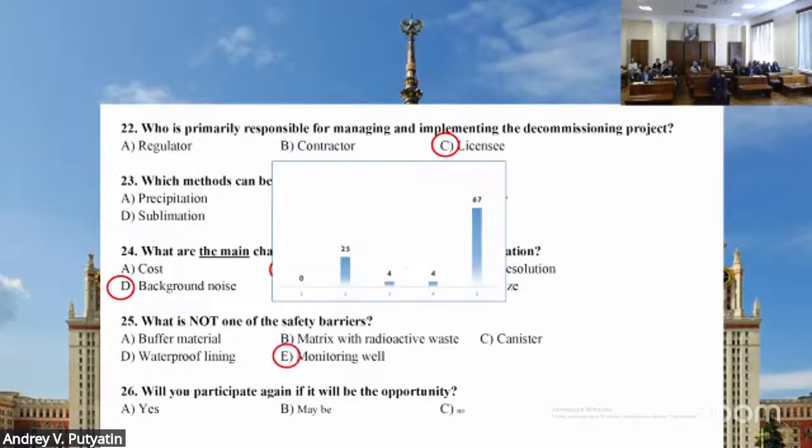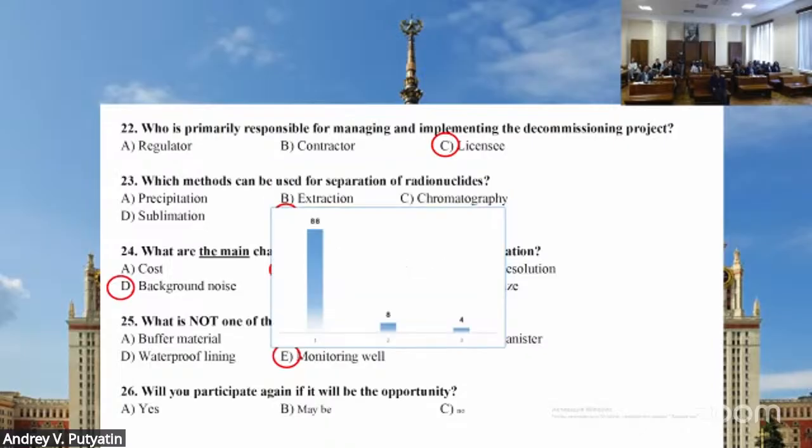And it is, of course, the well for the monitoring of the radionuclides in the environment. Matrix is also one of the safety barriers. Will you participate again? So there is no correct answer, yeah. It's your choice, but I'm quite happy that 88% of you answered yes. So I find it's a very good result for us.